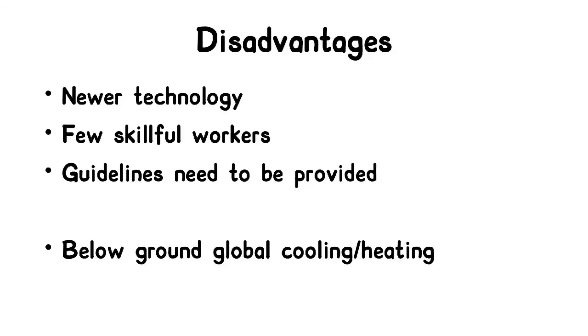Also, another disadvantage is that let's say you are living in a tropical area and you're using geothermal piles. So basically, you will be using these geothermal piles to cool the buildings. That is, you will be extracting heat from the building and putting it into the soil. Now, this cannot be done in the long run, because that means you are basically heating up the ground. So there should be a balance.